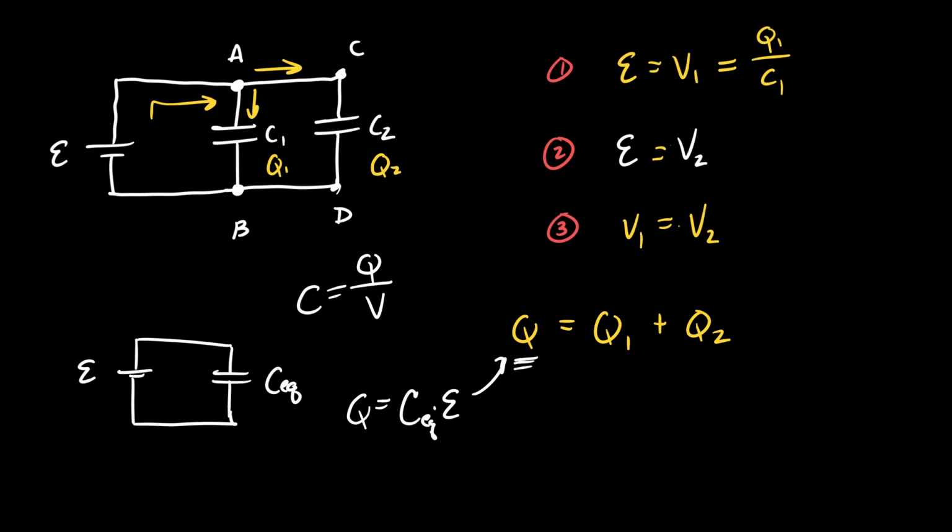And V2 is going to have to be Q2 over C2. Everybody okay so far? You see where I came up with that? So Q1 equals V1 C1, and Q2 equals V2 C2.